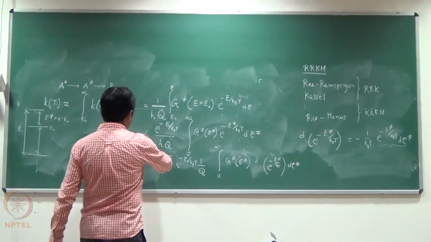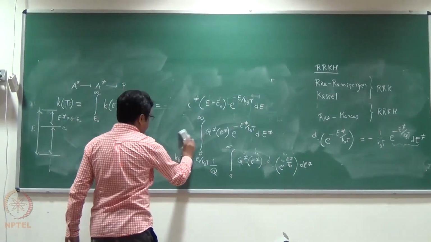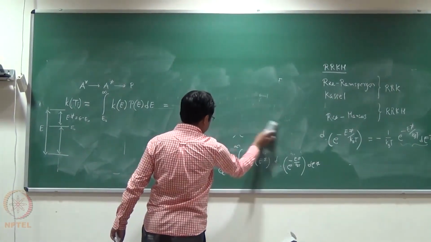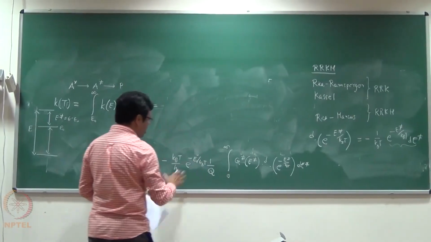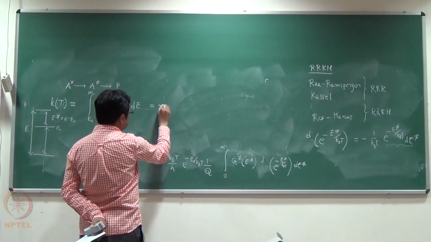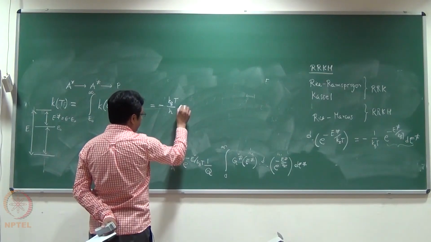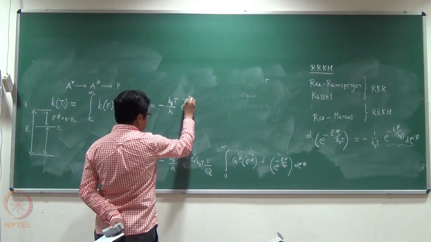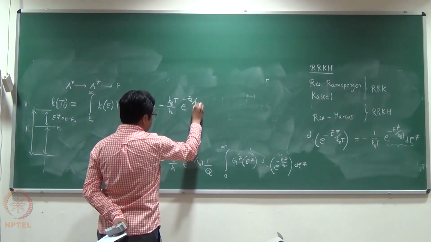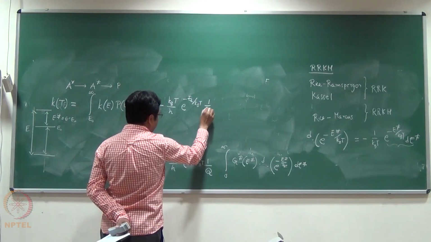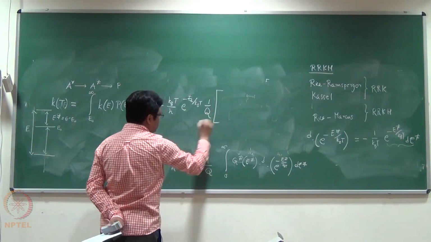So let us just write it. I have this factor, minus kBT by h, e to the power minus E0 by kBT, 1 over q.